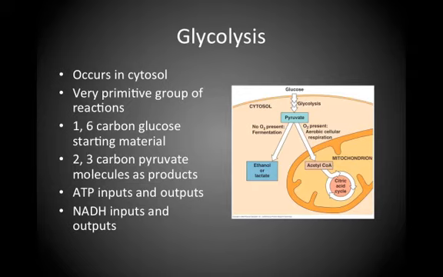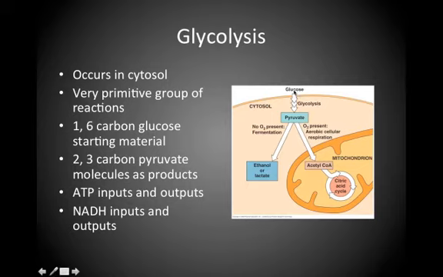But what cells do is break the combustion process of glucose into many different steps. In glycolysis, there's about 10 steps, 10 different ways in which the cell is going to set up molecules that are going to be used for energy later on.